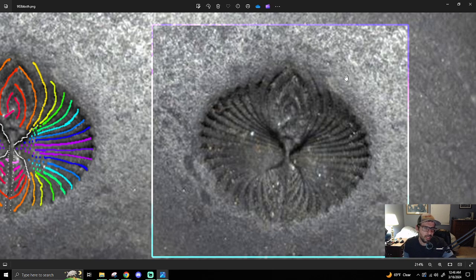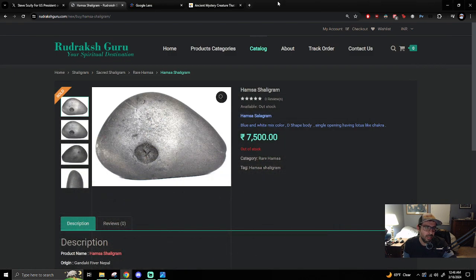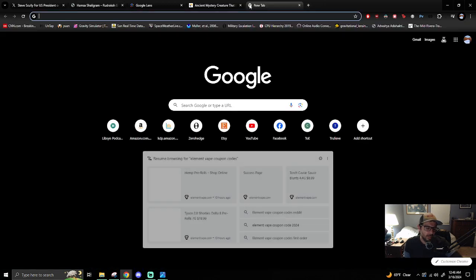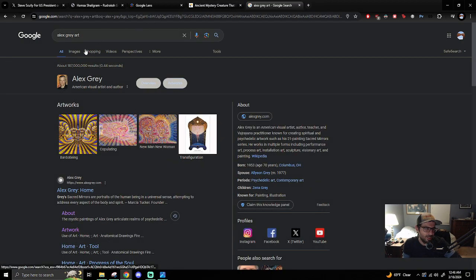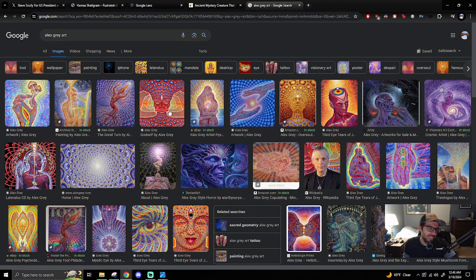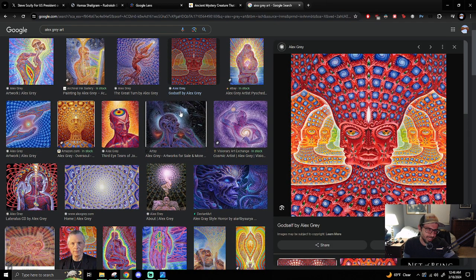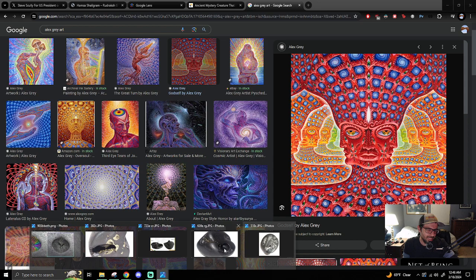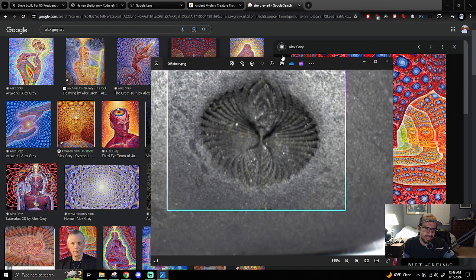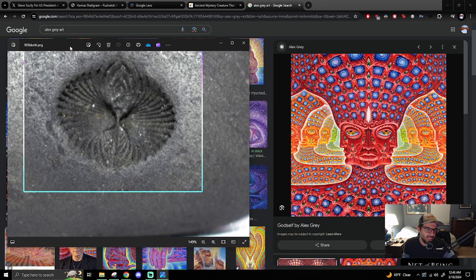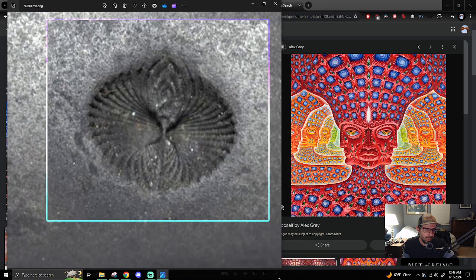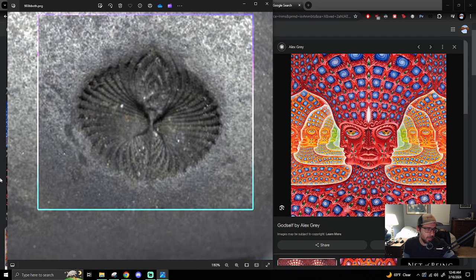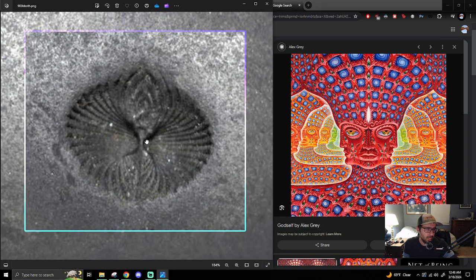So I just kept thinking about it, and maybe I'll just go over here. It made me think of Alex. I started typing Alex Jones. I knew I'd do it. Makes me think of this kind of thing. Alex Grey's art from a lot of the Tool albums, and I just know he makes awesome art.